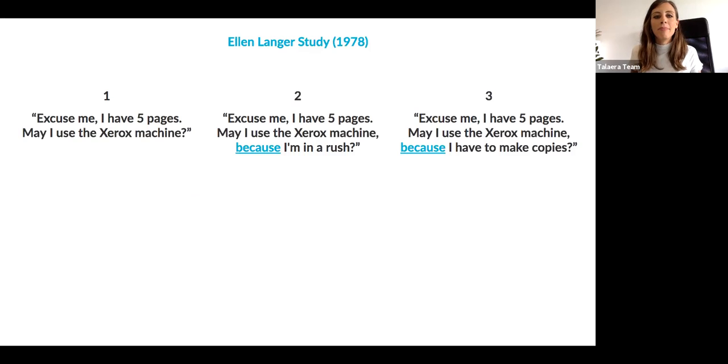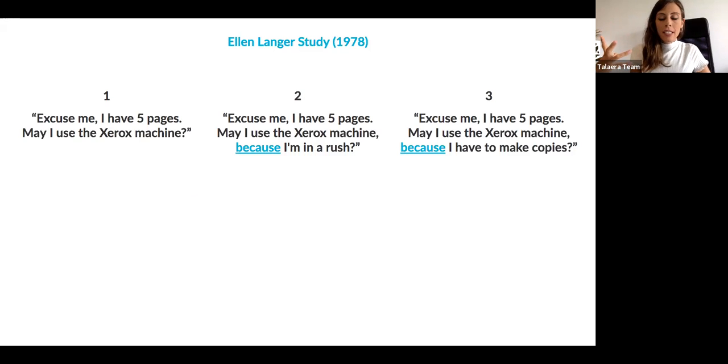This woman, Ellen Langer, did a study in 1978. That's a while ago. And she wanted to experiment the power of because. How compelling is it? How can we influence people by using the word because? Imagine a room where there was a printing machine, a Xerox, and there was a line.